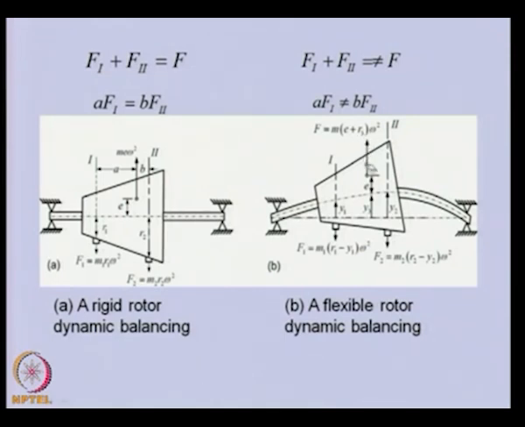Basically, because of the deformation of the shaft or the flexibility of the rotor, the dynamic balancing we did for the rigid rotor is not valid for the flexible rotor case. In fact, sometimes it deteriorates the unbalance condition of the rotor system. The rigid rotor balancing correction masses we kept may have an adverse effect on the rotor unbalance response. So, this was the difference between rigid rotor and flexible rotor balancing.